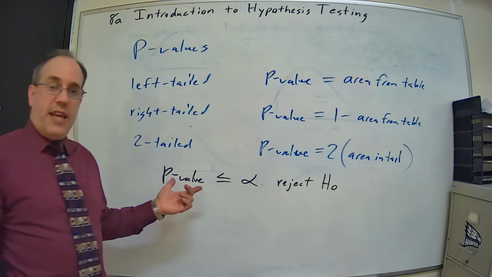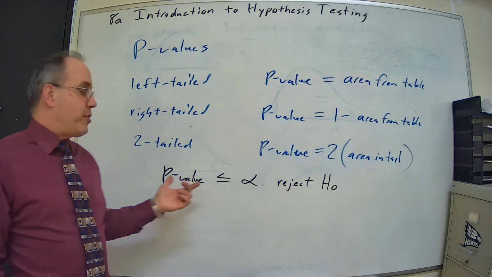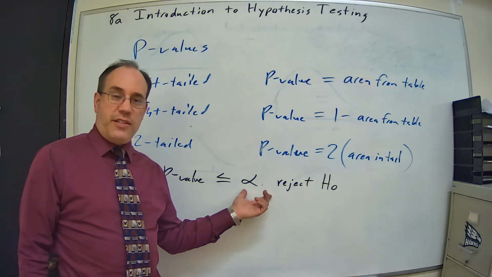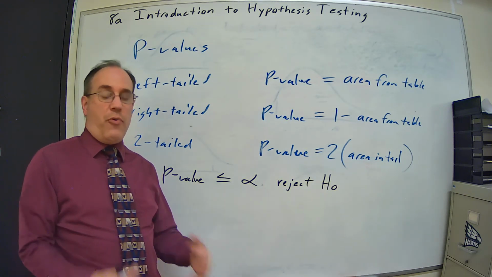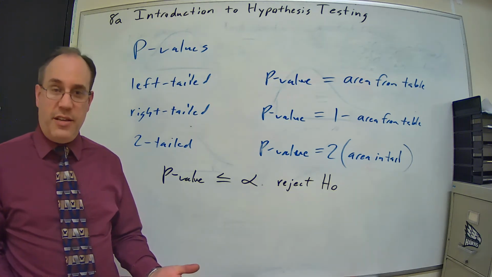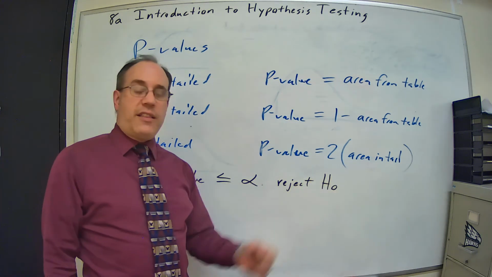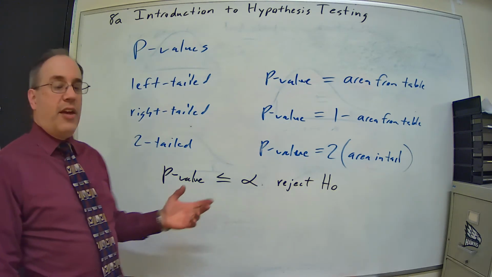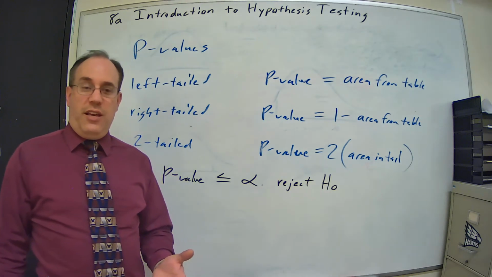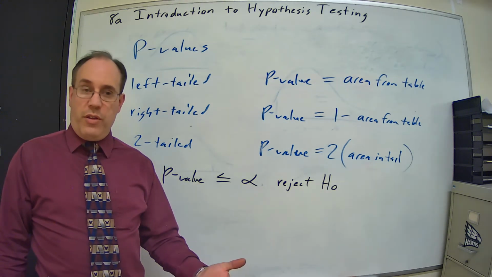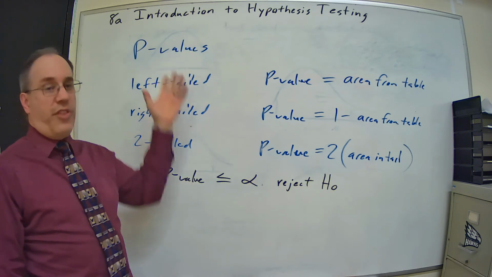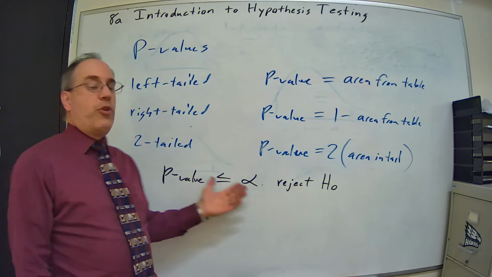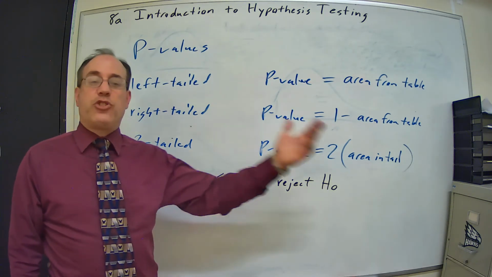So which is basically saying if that z-score causes the area in the tail to be smaller than the significance level, which is what we're considering to be a rare event, then we're going to reject the null hypothesis because it's basically saying that it would be very unlikely that if the claim were true, or if the null hypothesis is true, we would get a z-score that extreme.